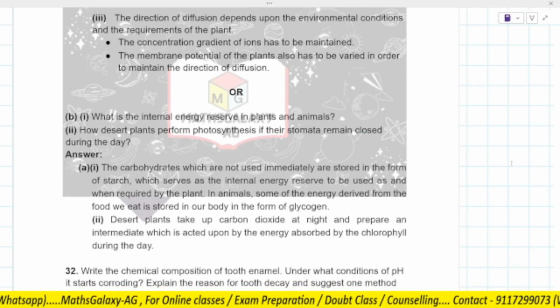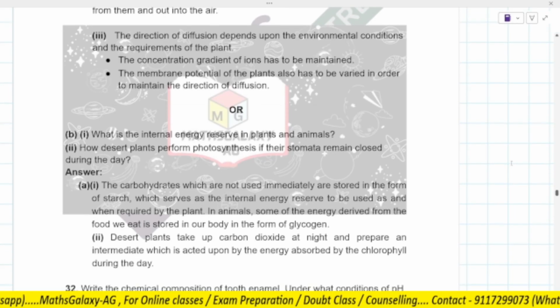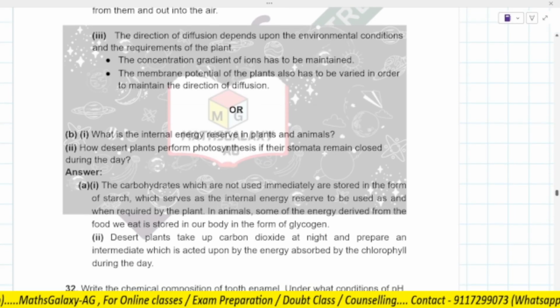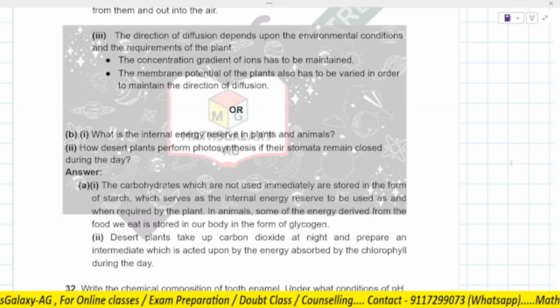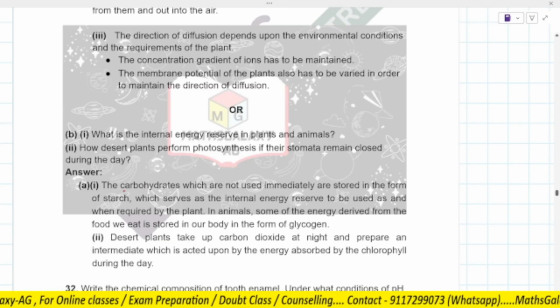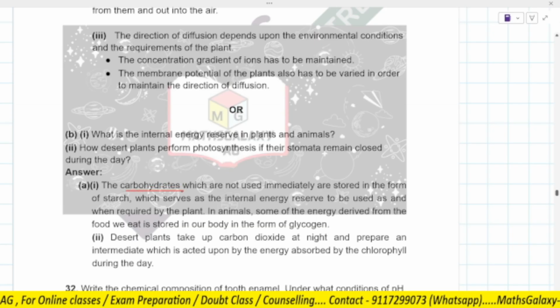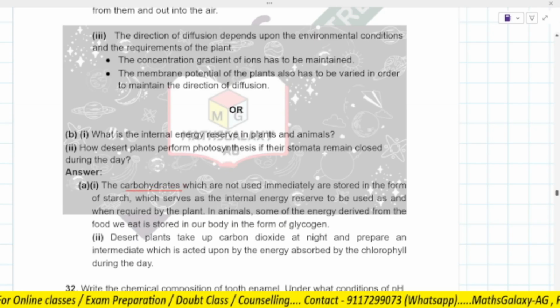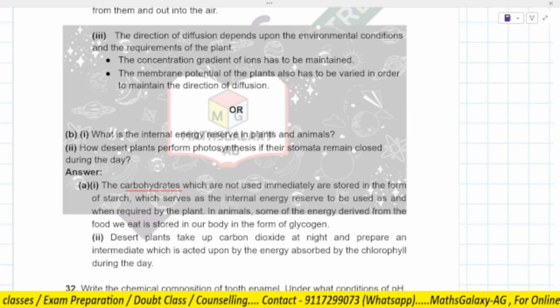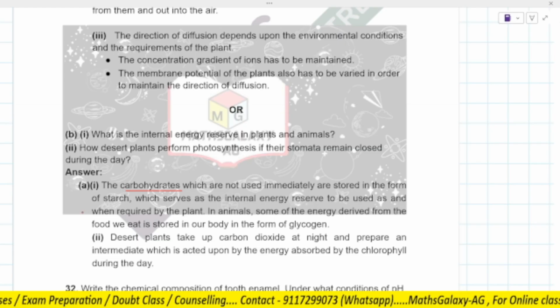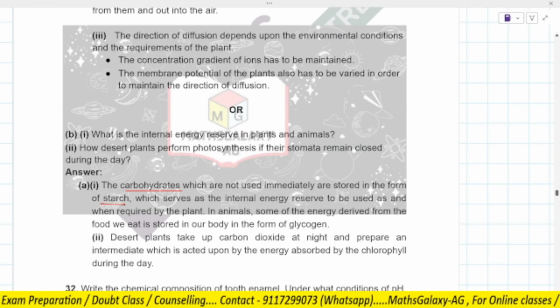Internal energy is the carbohydrates. Starch, okay, yes. So the carbohydrates which are not used immediately are stored in the form of starch, right? That you told.